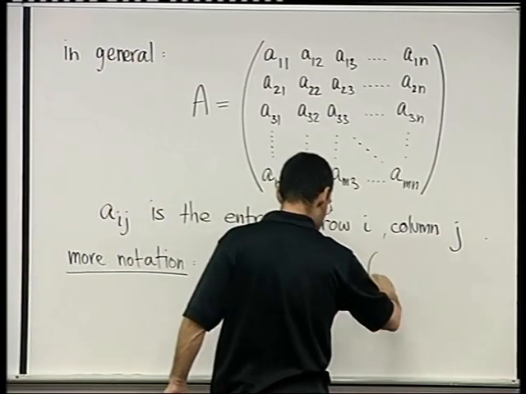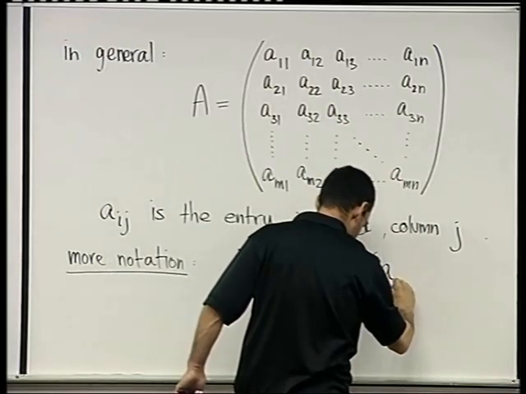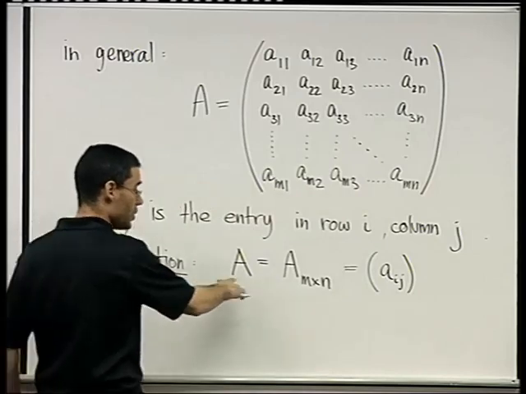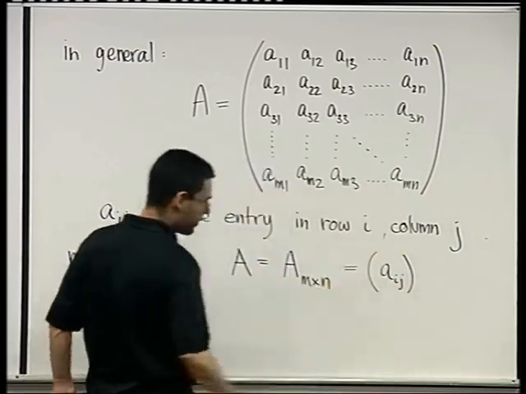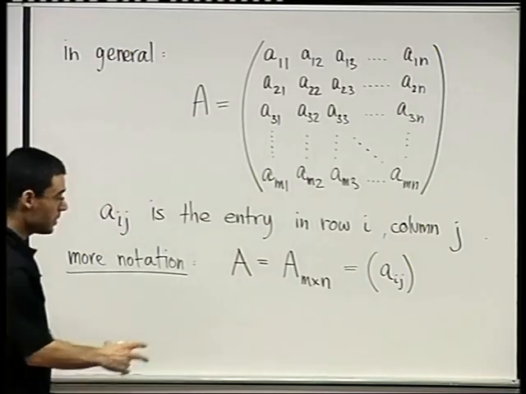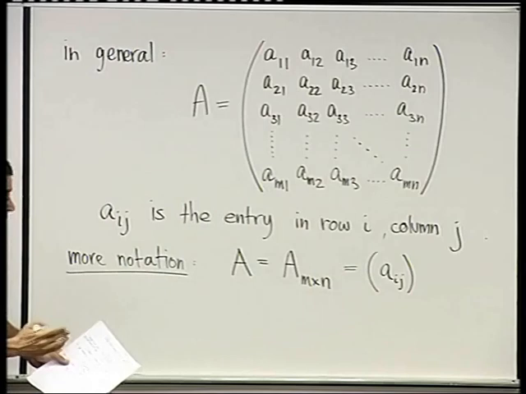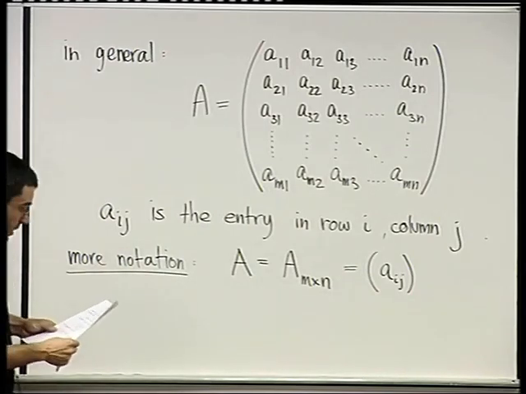Often, instead of writing all these entries, we just write Aij. This is again a notation for a matrix whose elements are of the form Aij. Okay? So each piece of this notation reveals some information, and we'll see gradually how we use all these various notations.